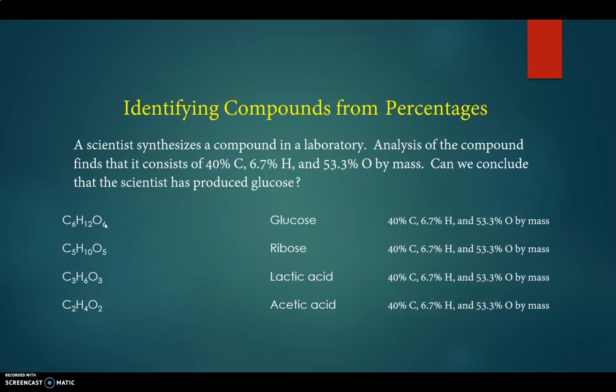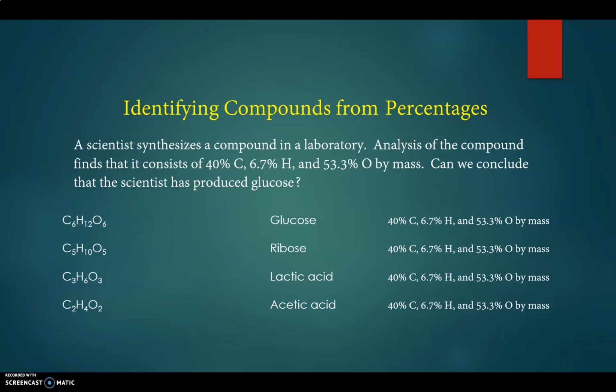Well, if you take the formula for glucose, you'll notice that all three of these subscripts are divisible by 6. So we could simplify this formula by dividing by 6 and getting CH2O. That tells us that the ratio of the elements in the formula is 1 carbon to 2 hydrogens to 1 oxygen.